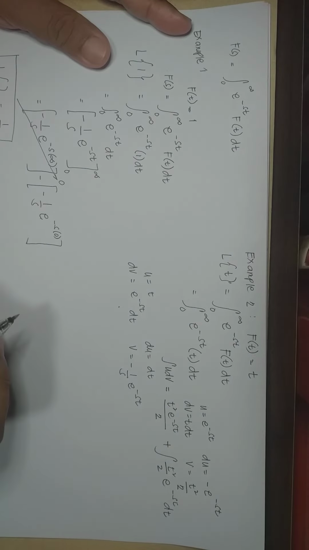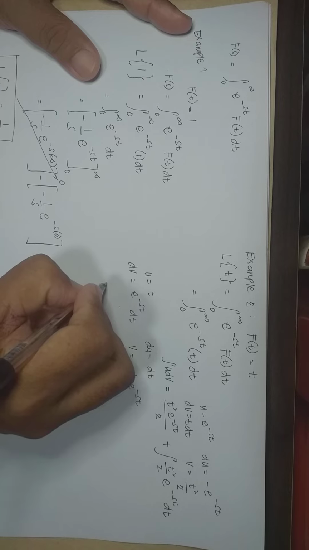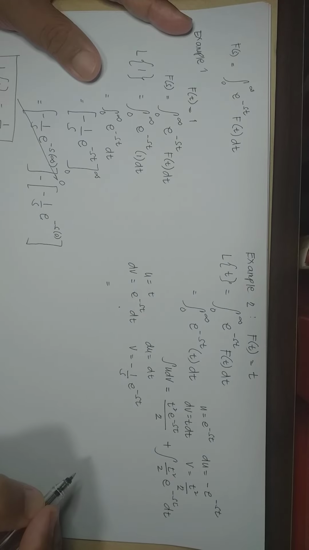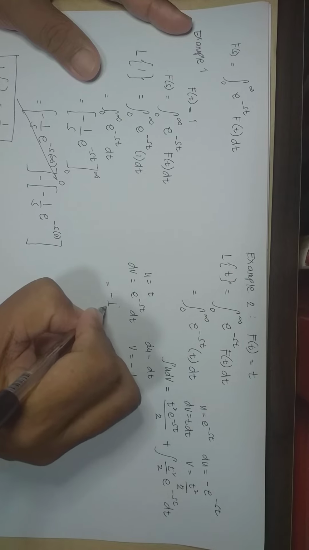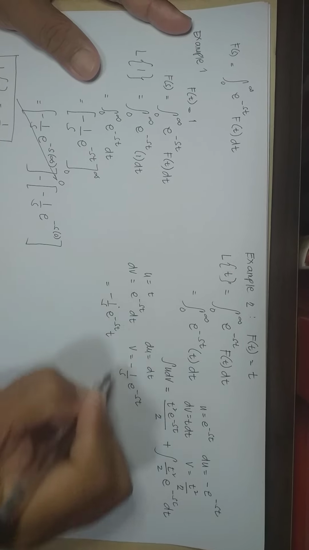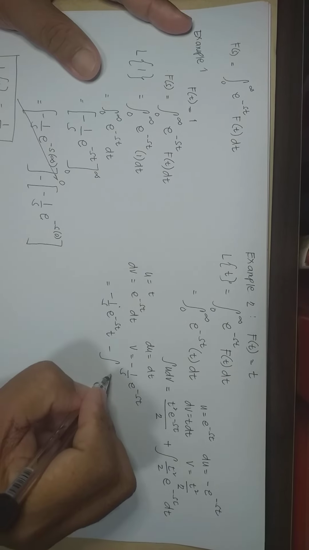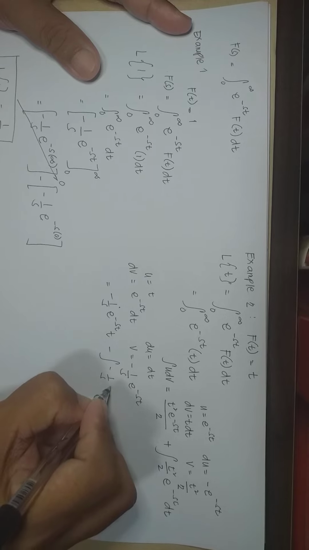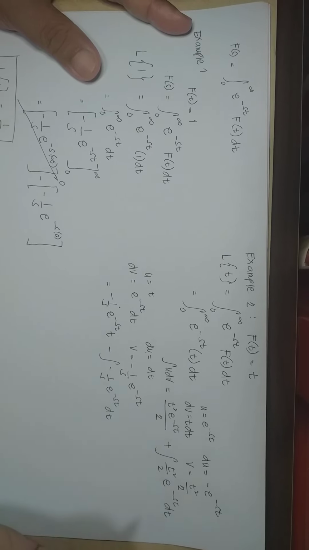Apply again the formula. For the integral of u dv, we have uv, that is negative 1 over s e to the negative st times t, minus the integral of v du, negative 1 over s e to the negative st dt.